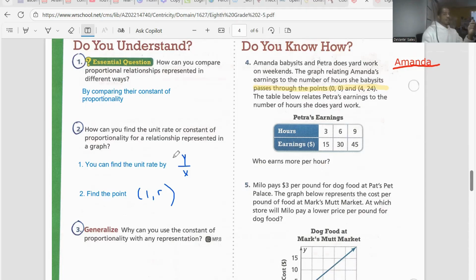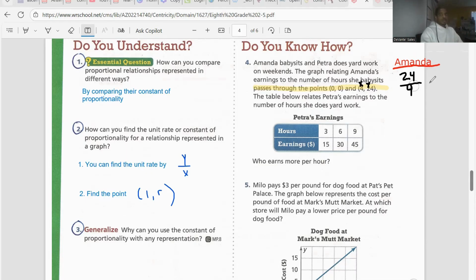You can either find the point on the graph for what 1 equals, or you can divide y by x. When you're dealing with a coordinate pair, the first number is x, the second number is y. Guys, you can't do anything with (0, 0). So for Amanda, if I'm given 4 and 24, all you have to do is 24 divided by 4.